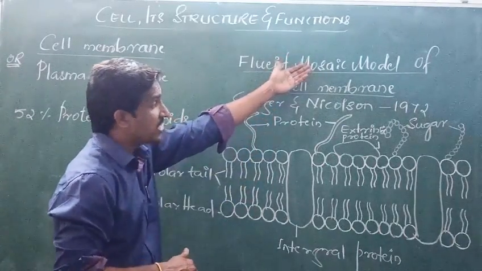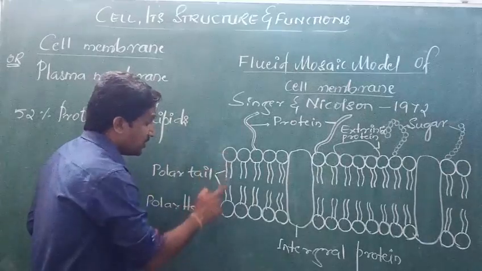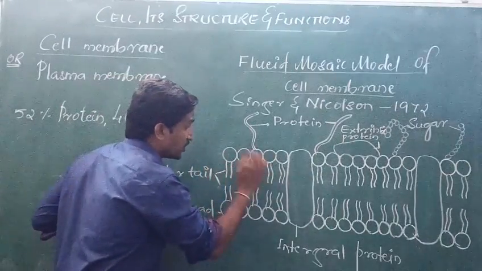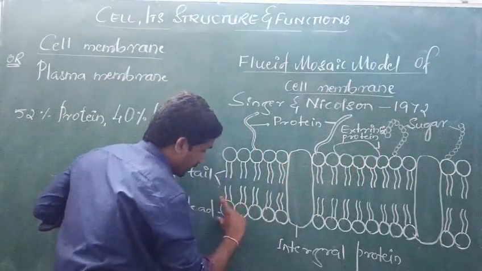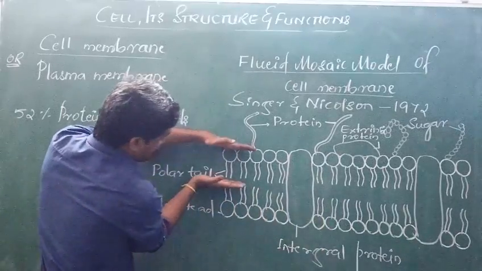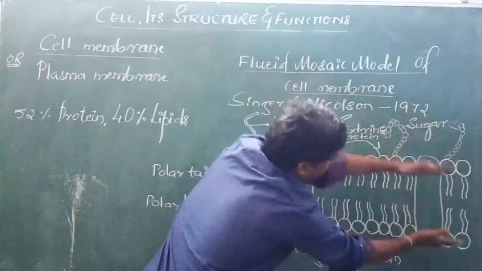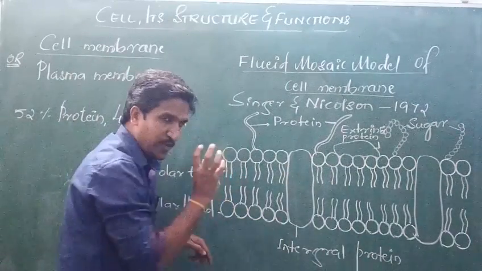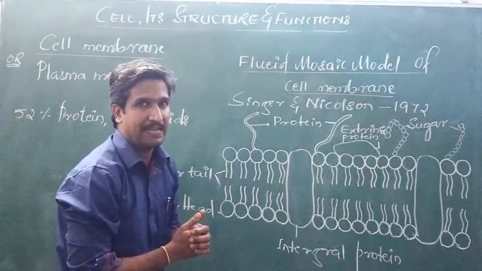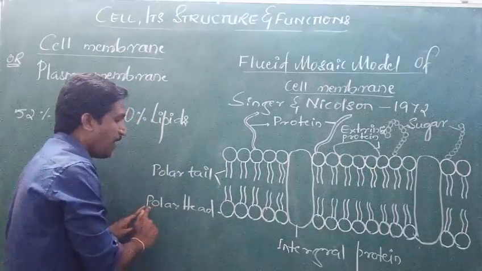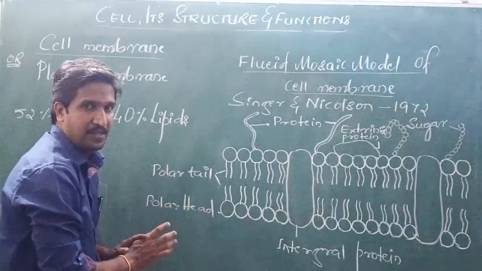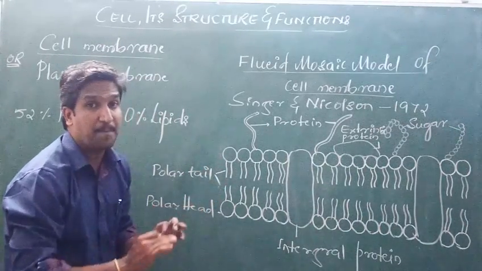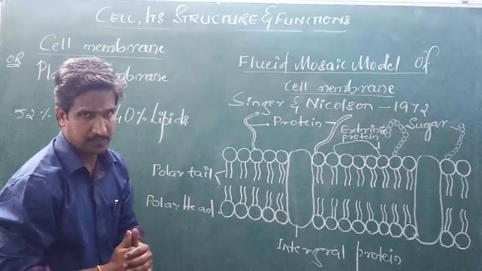This fluid mosaic model consists of two ball-like structures. This is one layer, this is another layer. The ball, which we consider as the head, we call a polar head, and this is purely made up of lipid.